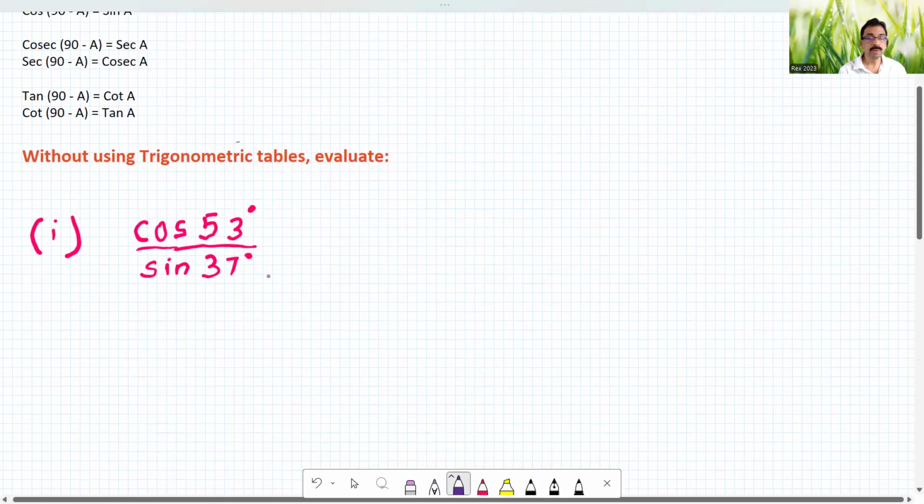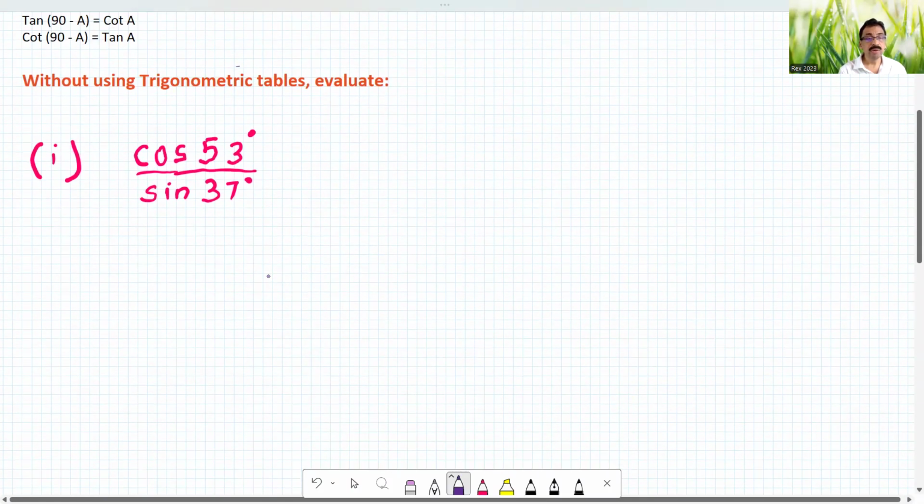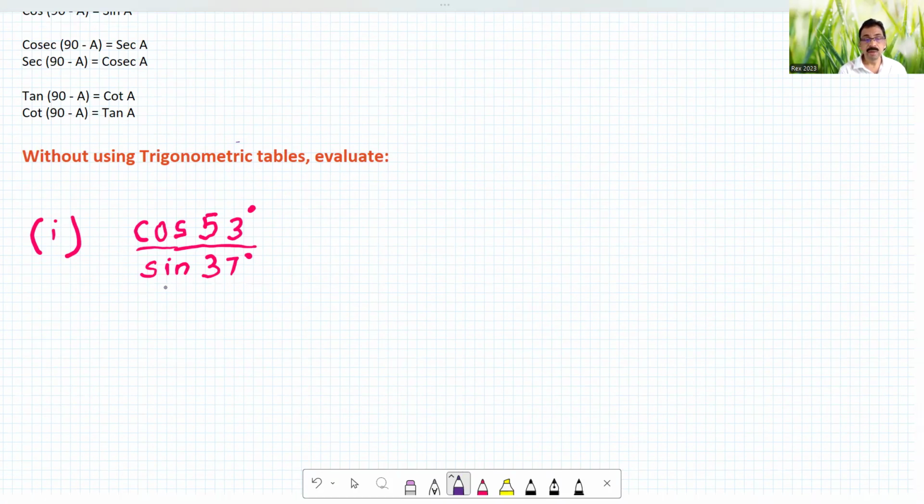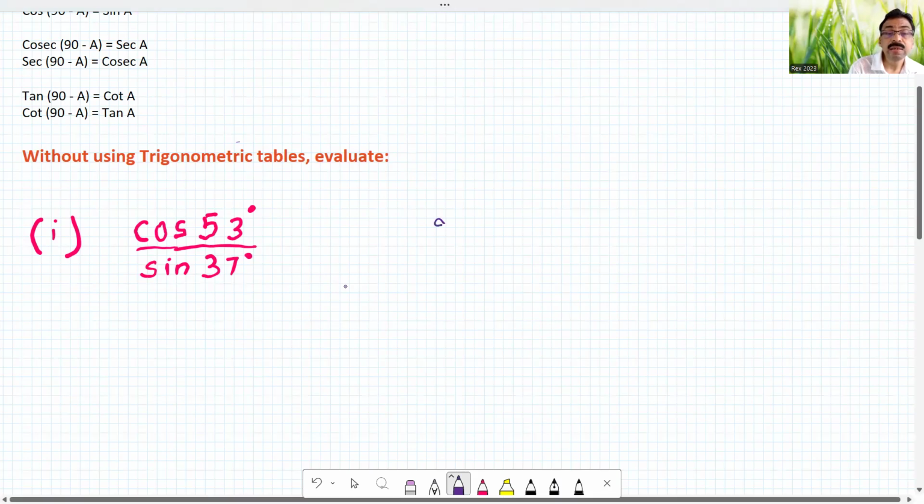So here, how do we go about this? You have 2 options here. Cos 53 degrees divided by sine 37 degrees. Either you can keep the denominator as it is, sine 37 as it is, and try and change this 53 in terms of 37. So can't we write 53 as 90 minus 37?